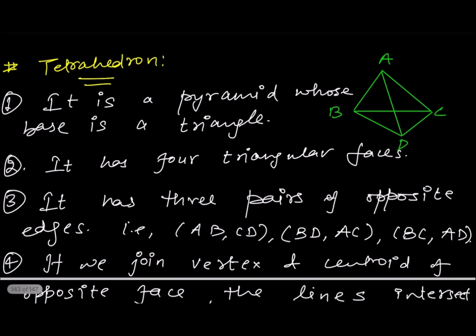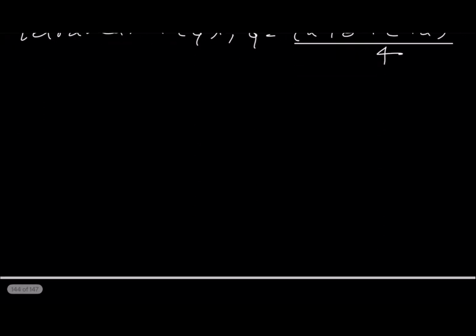And in this case, say here is A vector, this is B vector, this is C vector, and this is D vector. Okay.